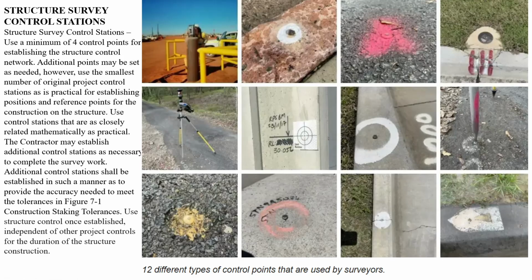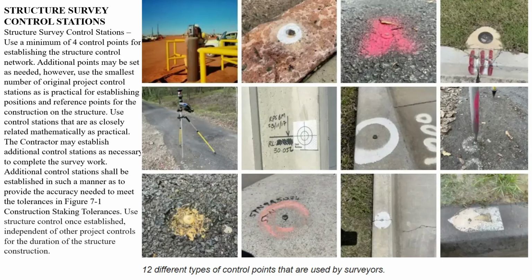Additional points may be set as needed. However, use the smallest number of original project control stations as is practical for establishing positions and reference points for the construction on the structure. We use control stations that are as closely related mathematically as practical. The contractor may establish additional control stations as necessary to complete the survey work.